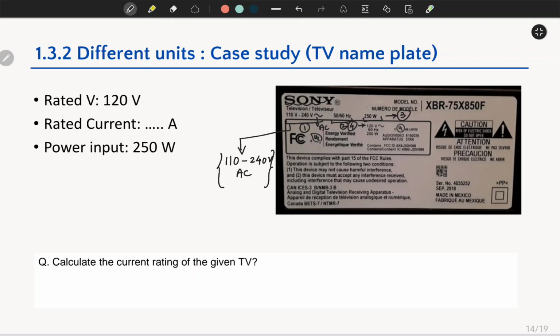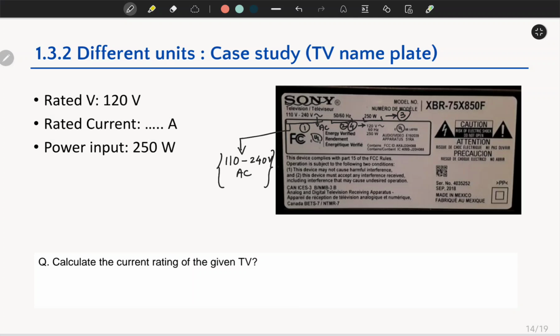And this 50/60 hertz means this Sony television will be able to operate satisfactorily on either a 50 hertz or 60 hertz supply. These are basically the frequencies of my sinusoidal waveform.